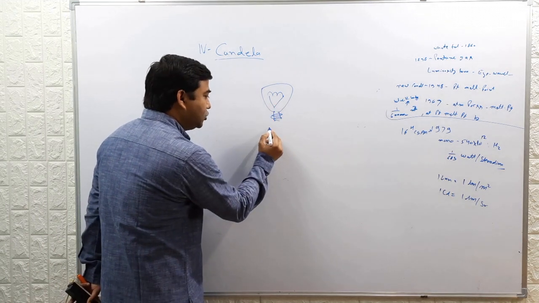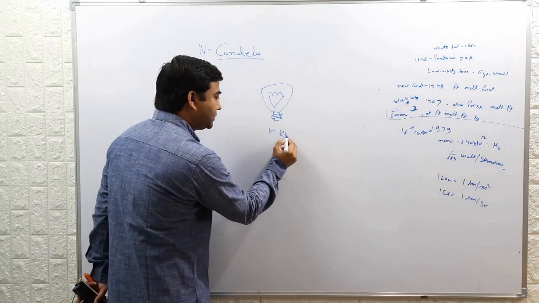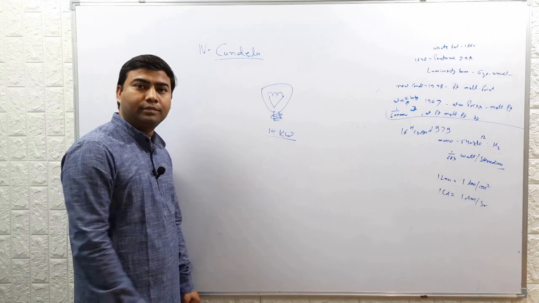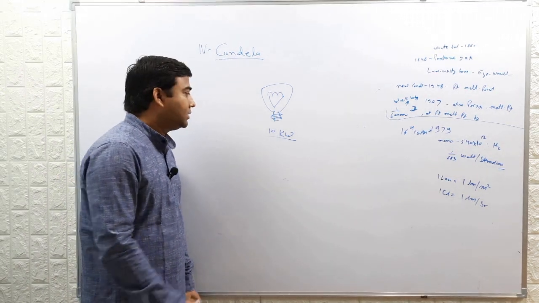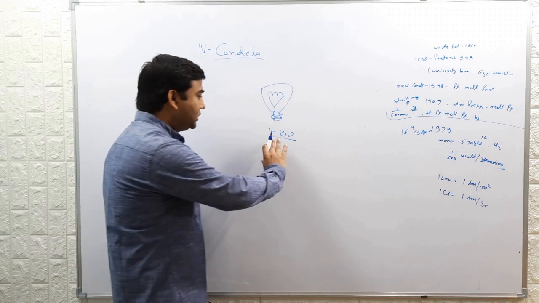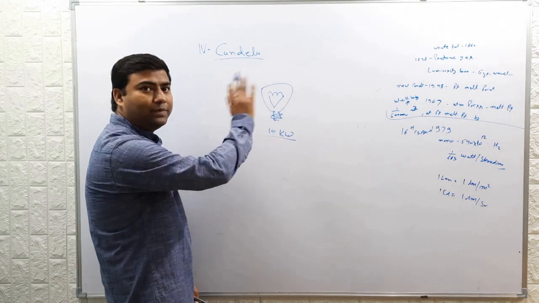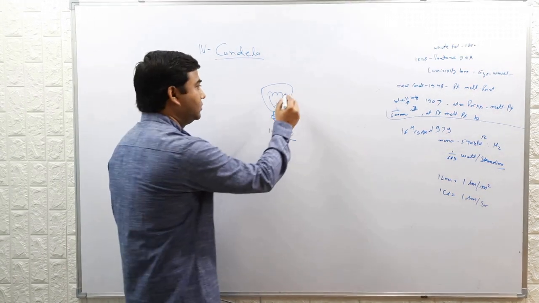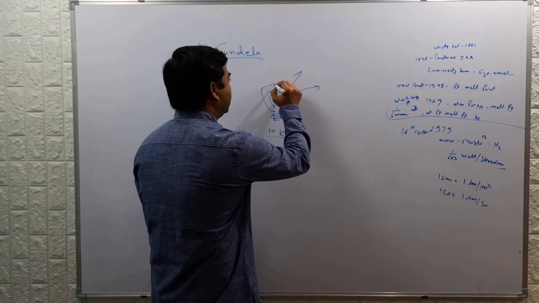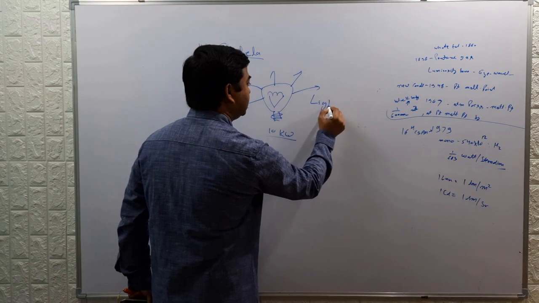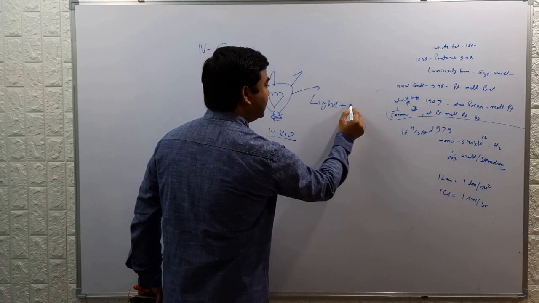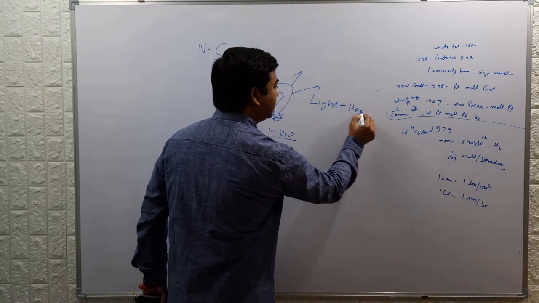This bulb consumes 10 kilowatt of electricity. So this 10 kilowatt of electricity will be converted into light plus heat.